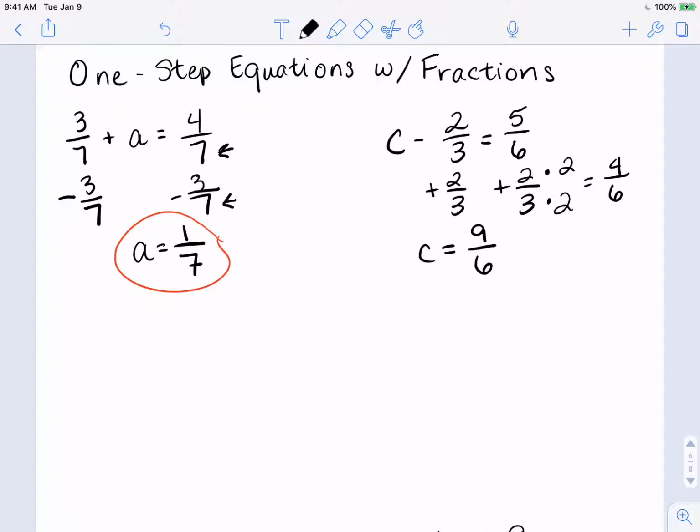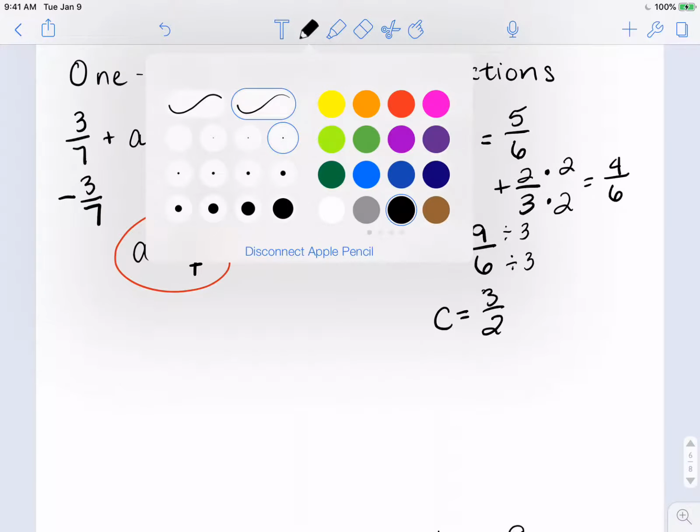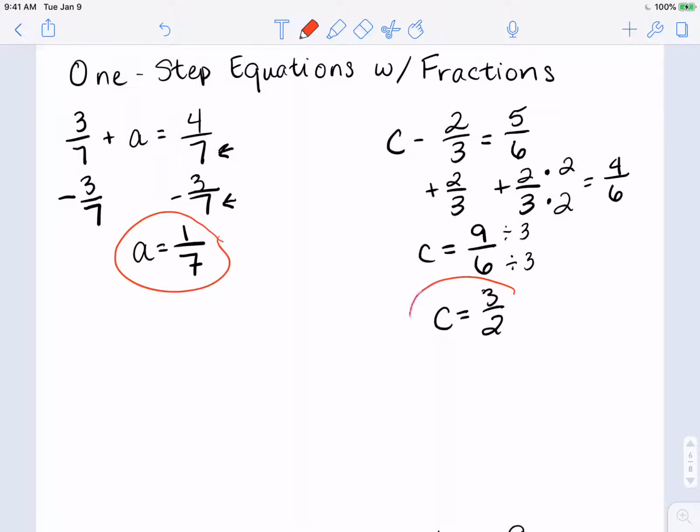So you can multiply 2 by 3 and get 6. You can multiply 3 by 3 and get 9. So if you were to divide both the top and the bottom by 3, you would get c equals 3/2.